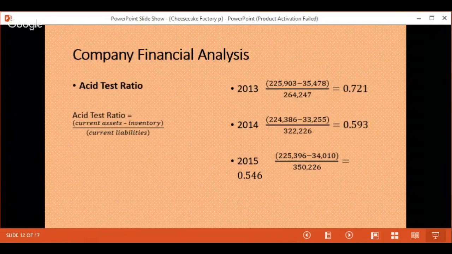In 2013, the ratio was 0.721 and it decreased in 2014, becoming 0.593. It decreased again in 2015, becoming 0.546. Similarly, the calculated asset test ratios in all 3 years are less than 1. Therefore, the company will not be able to cover short-term debts using its assets. And since all the ratios are less than 1, it is often regarded as a weak current position.